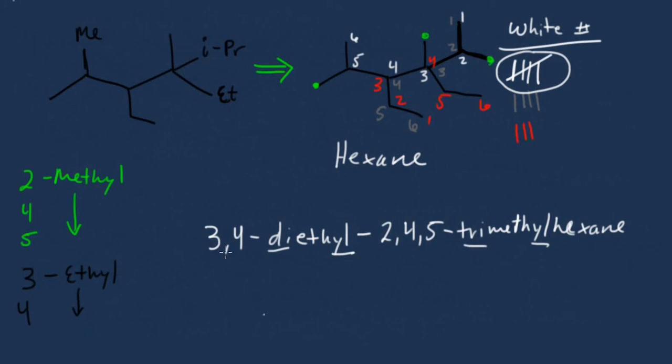And then how to put them all in the correct order with that being alphabetical, and also how to figure out the lowest sum for your substituted chains.